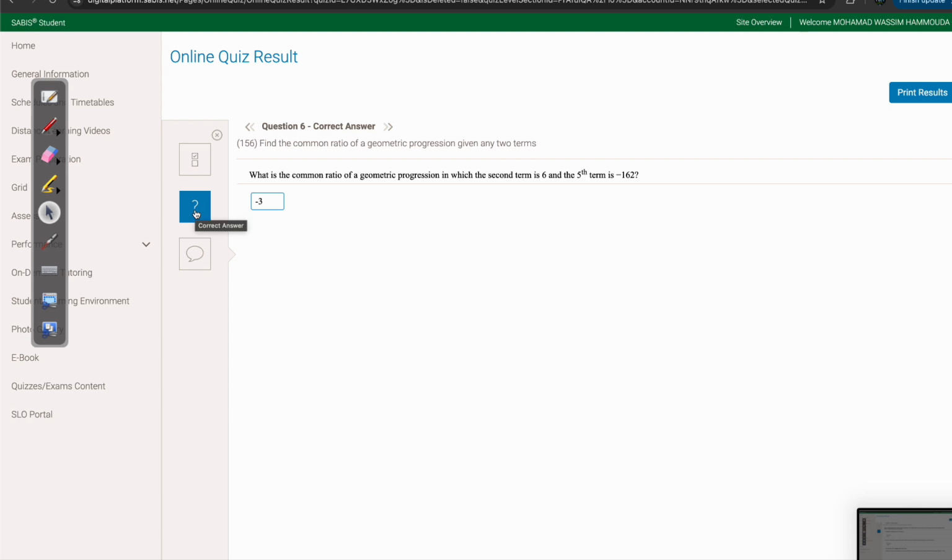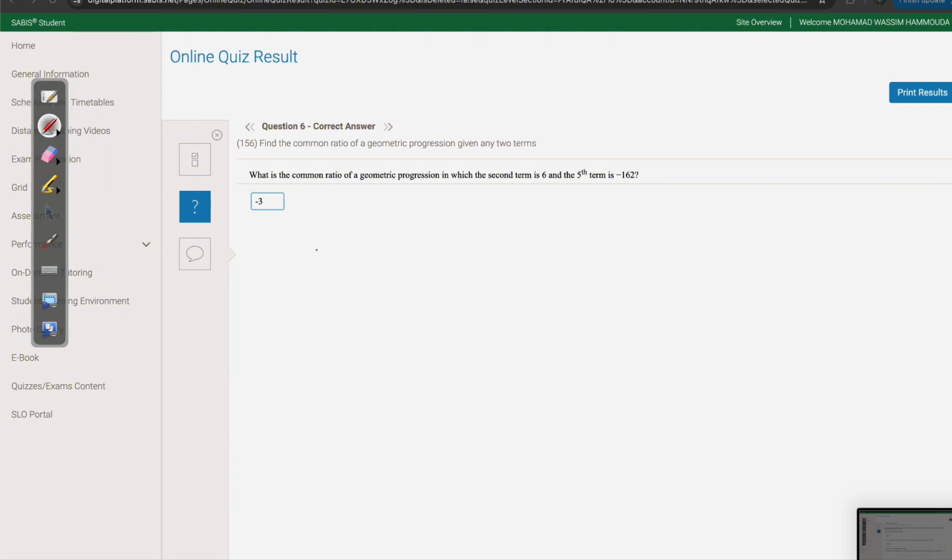What is the common ratio of a geometric progression in which the second term is 6 and the fifth term is -162? Now, for this question, there is a simple way to solve it, if I'm not mistaken. We could just simply make a system of equations, right? Let's say a2, which is what we have here, which is 6.